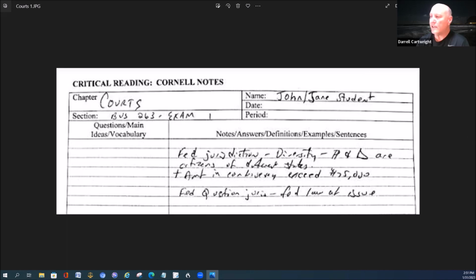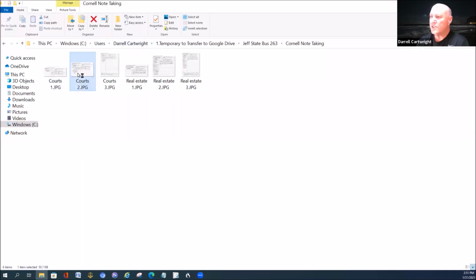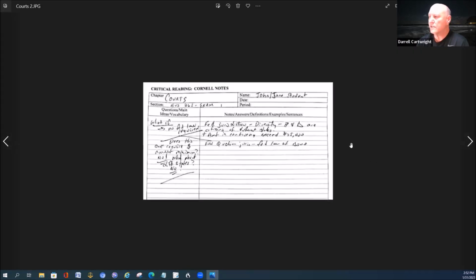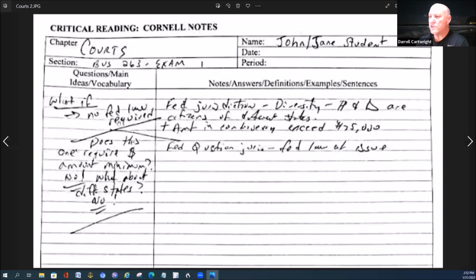Then after that, the next thing that I do, and this is usually after class, is I go to the second part, questions, main ideas, vocabulary. And so you think about what you wrote here. The first thing was federal jurisdiction, diversity, citizenship, plaintiff and defendant citizens of different states, and amount in controversy exceeds $75,000. So I write down, what if no federal law required?